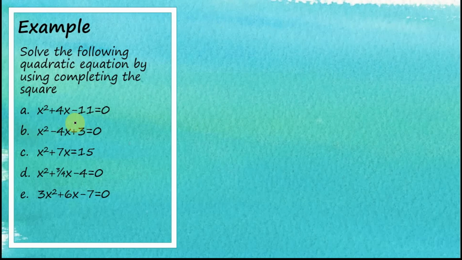Question B is a little bit different from question A because the coefficient of the x term is negative. Before we start, let's have a look at the difference between (x plus a) squared and (x minus a) squared. What's the difference between these two?